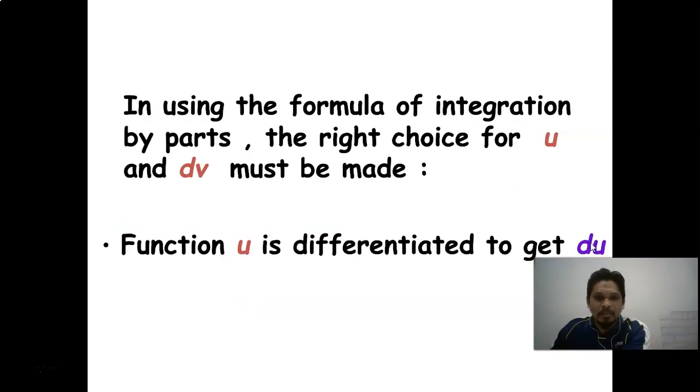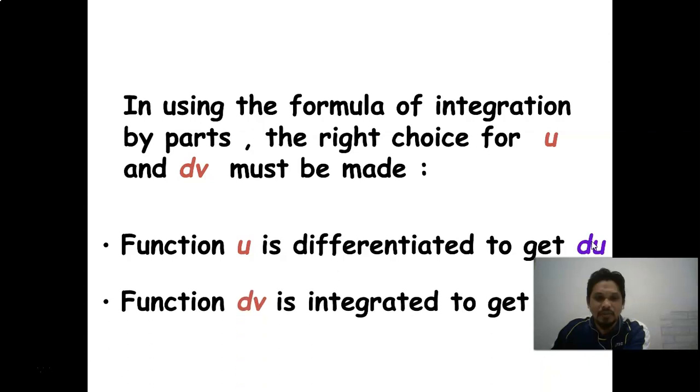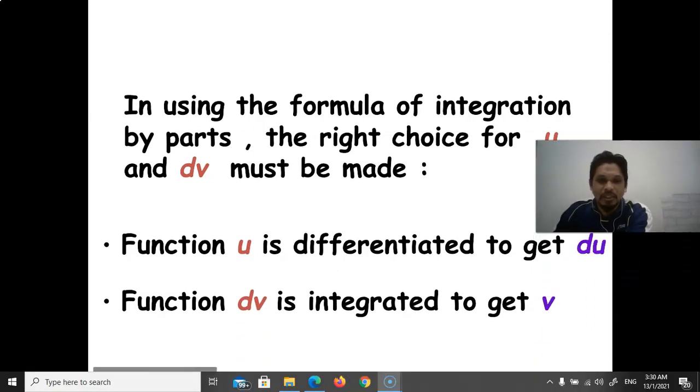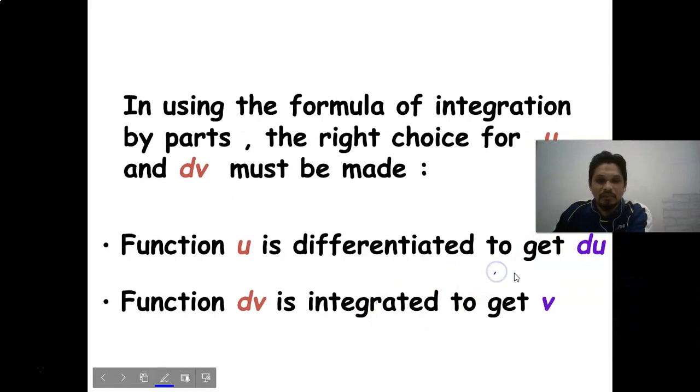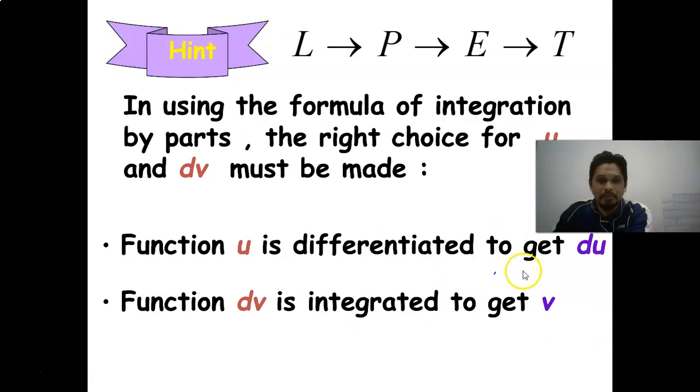Using the formula of integration by parts, the right choice for u and dv must be made. Function u is differentiated to get du, and function dv is integrated to get v. LPAT. This is just a hint that you can use.